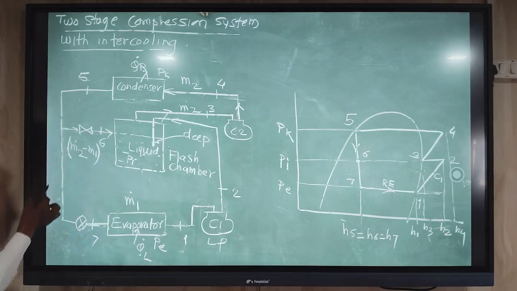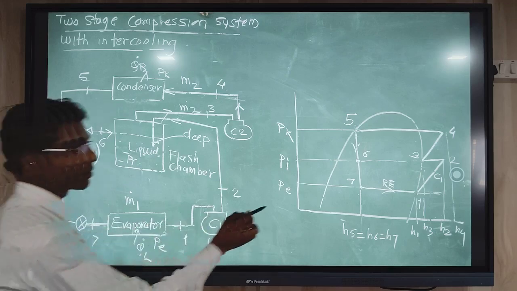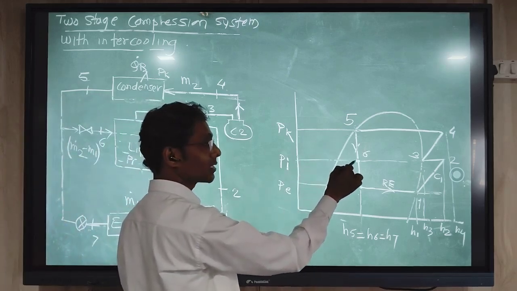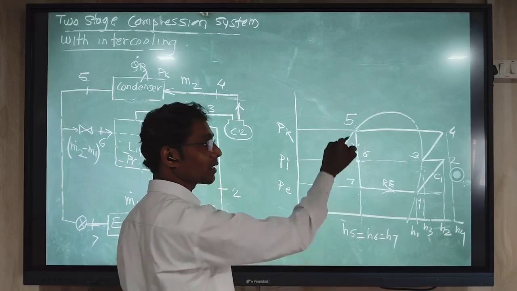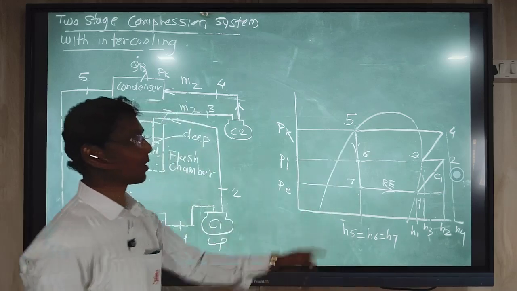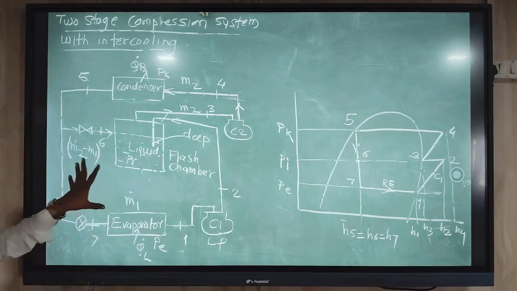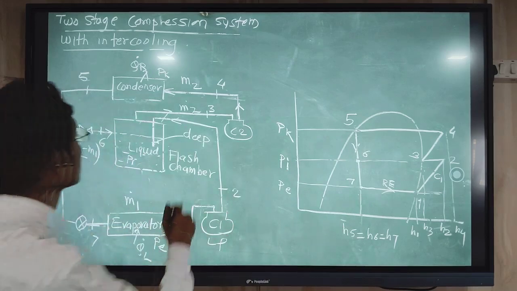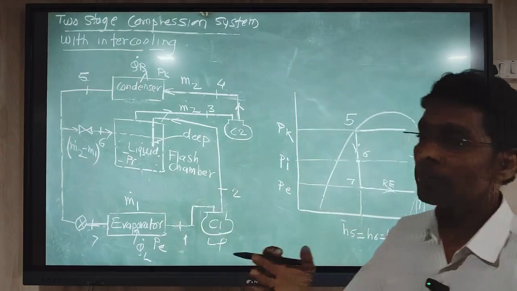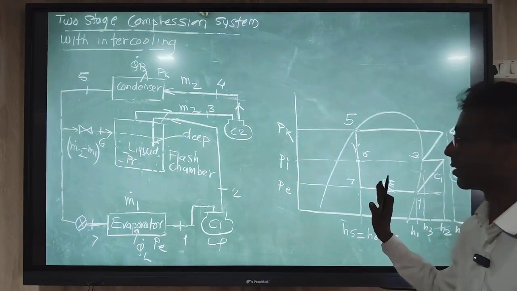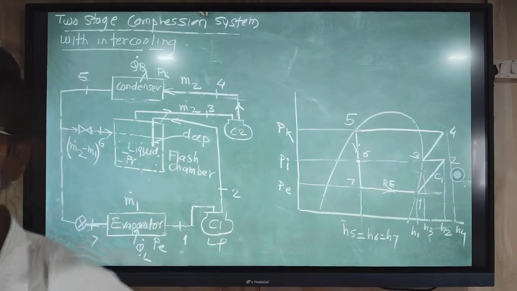That is why it continues to the next expansion valve. That is why 5 to 6 and 6 to 7, this complete line comes as a vertical line, an isenthalpic process, that is a constant enthalpy process. This is the difference between the flash removal method and the intercooling method. Now we will go to the analysis.